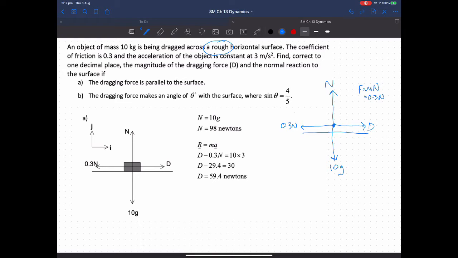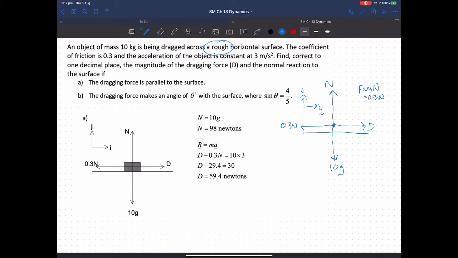I have drawn in unit vectors i and j. So here we go. We want to work out the dragging force that is parallel to the surface.